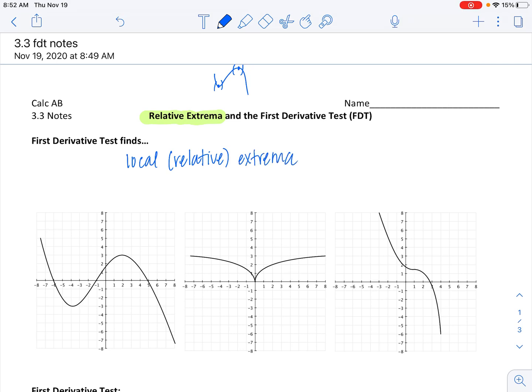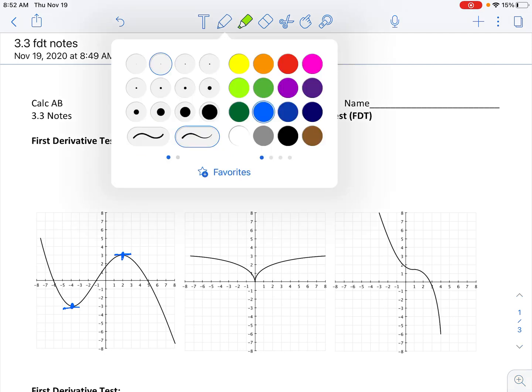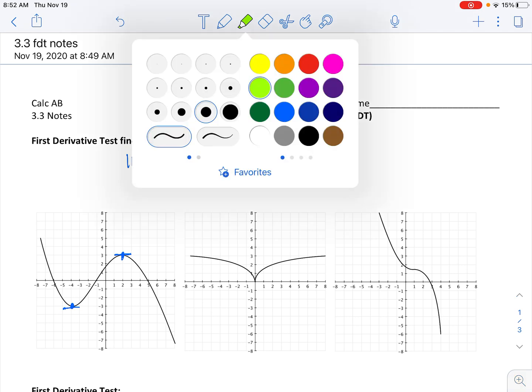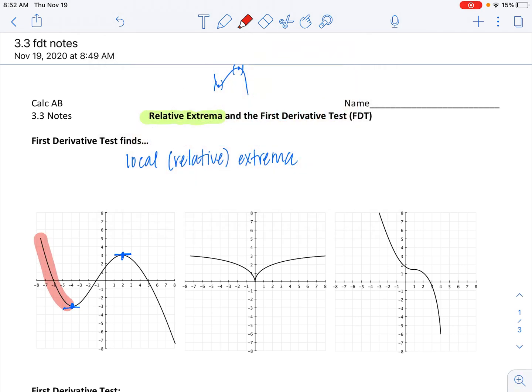Okay, so we've got three functions here, and I just want to remind you about the task of finding critical numbers and what that does. A critical number here is a place where the derivative equals 0. Critical number here is a place where the derivative equals 0, right? It's got 0 slope. And then in between, we are decreasing, right?